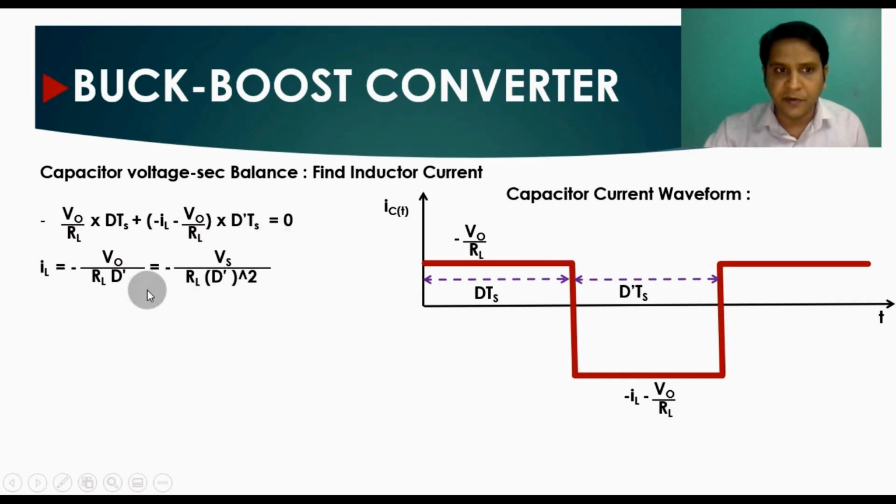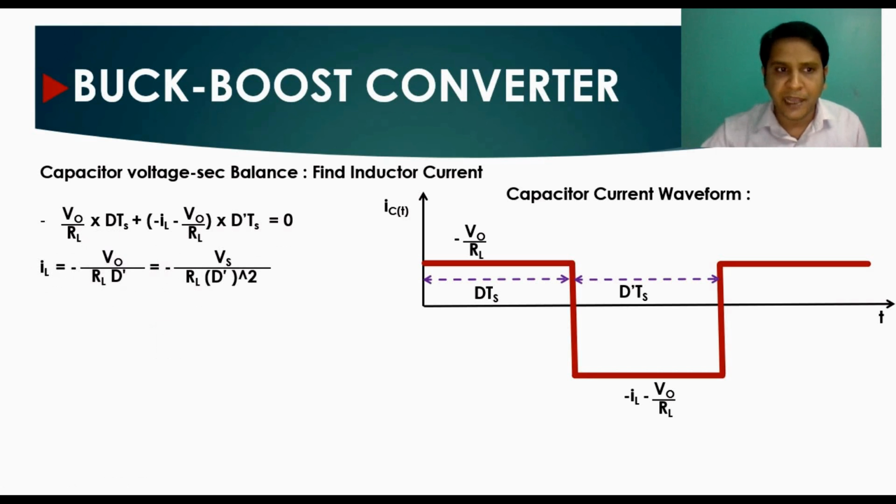And if you further solve it for inductor current IL, which is equal to minus V naught divided by RL into D prime, and if you replace V naught divided by RL with the previous equation, we have V naught divided by Vs equals D divided by 1 minus D, or D divided by D prime.